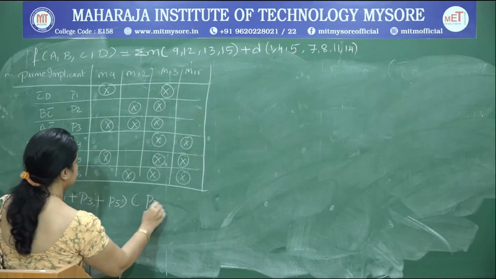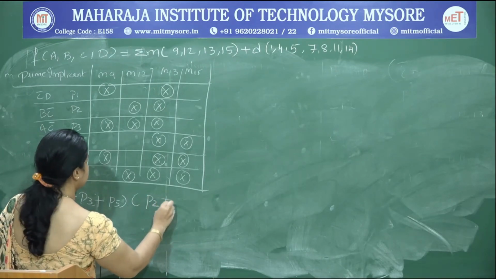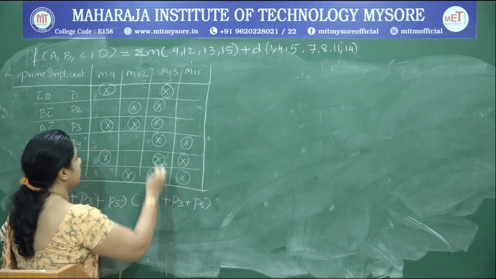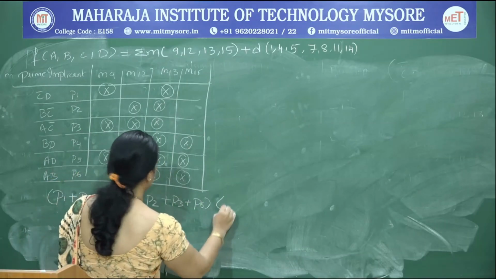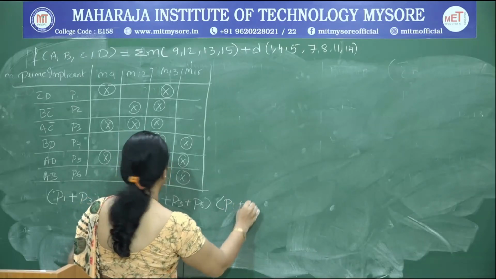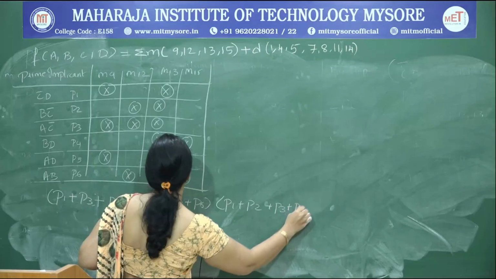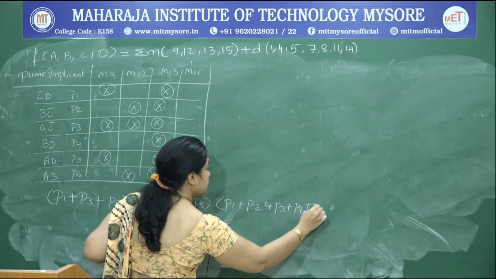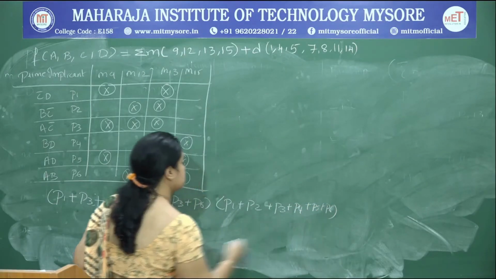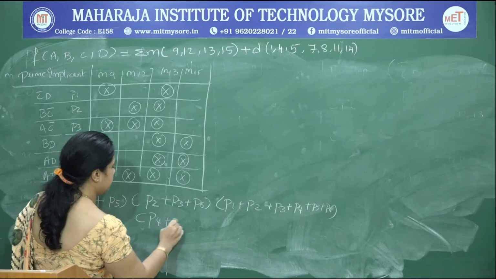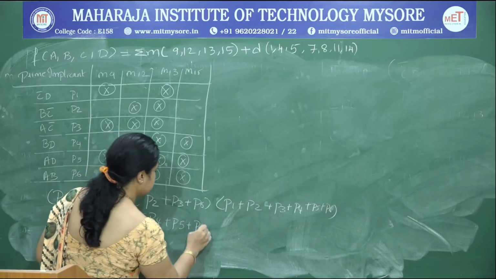Second column is P2 plus P3 plus P6, and here we have all the terms P1 plus P2 plus P3 plus P4 plus P5 plus P6, and last column is P4 plus P5 plus P6.